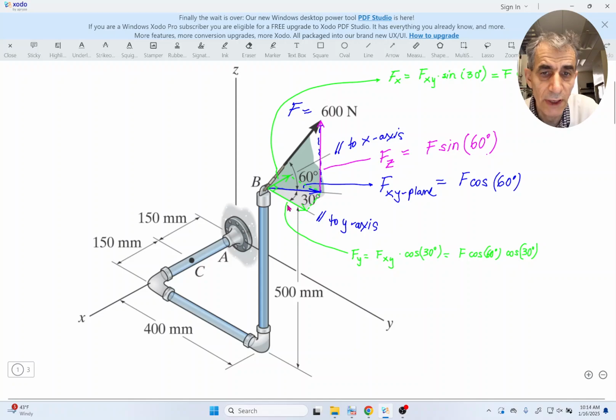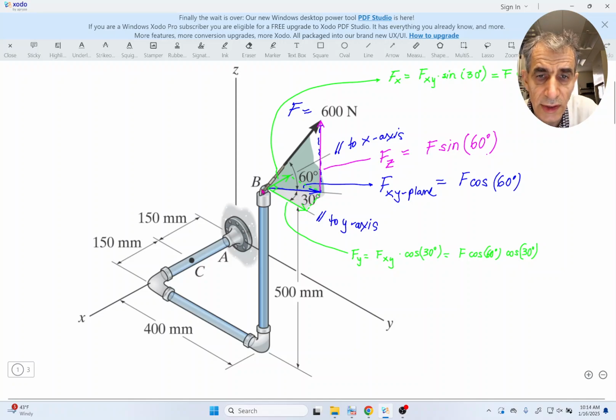Now, in order to find the x and y components, we have to work with this component in the Fxy plane to decompose it. So we need another angle, and in this case, it's a 30-degree angle that is made with this line that is parallel to the y-axis.